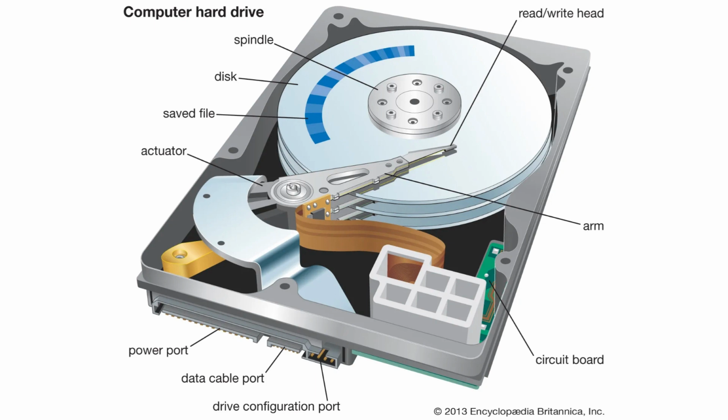All the platters make up a cylinder. So all together, when you look at all the platters, they create a cylinder that spins on a central spindle. Look at the diagram, you can find the spindle there.